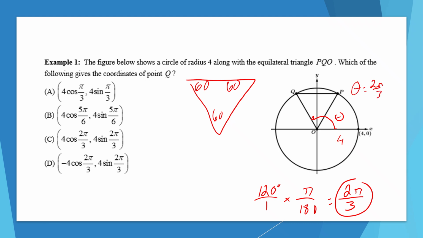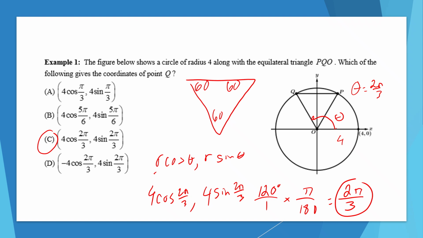And so our coordinates of Q are going to be r cosine theta, comma r sine theta. And so what is our r going to be? Our r is going to be 4 in this case, and then 4 cosine 2 pi over 3, comma 4 sine 2 pi over 3. And that should be our answer there. C was the one that matches up to that, so C is the correct answer.